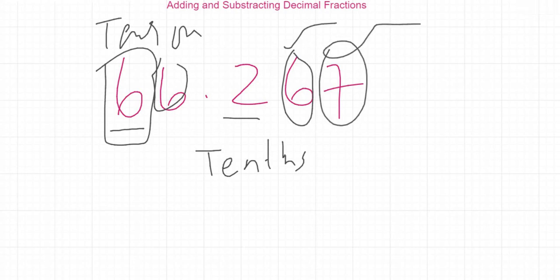So if we know the place values of these digits, when adding and subtracting numbers like these, all we need to do is to group them in such a way that each digit that you're adding or subtracting is in line with its respective place value location.